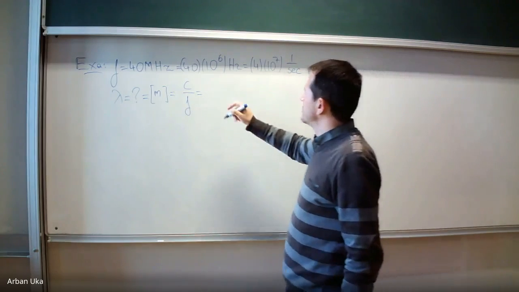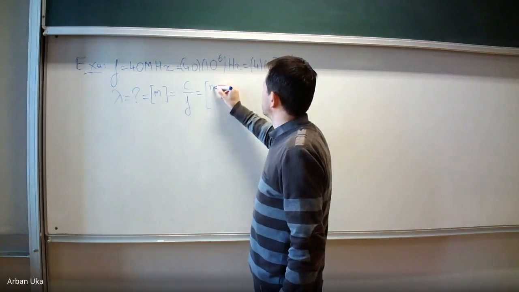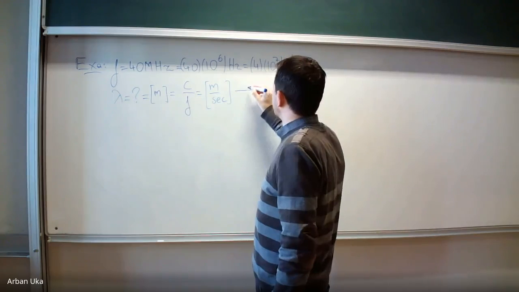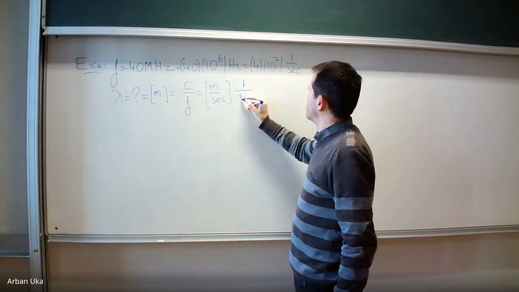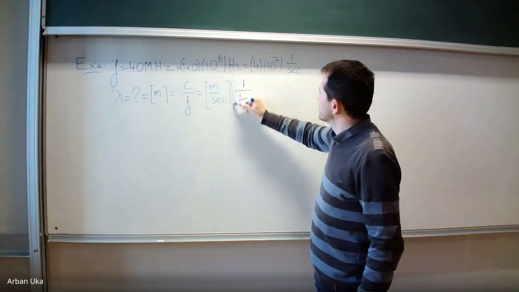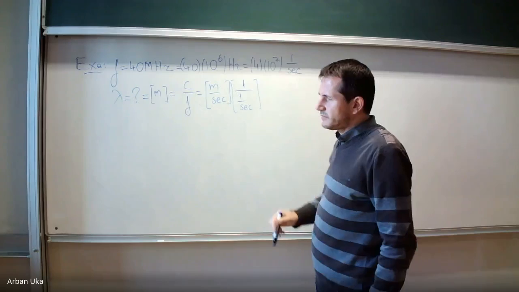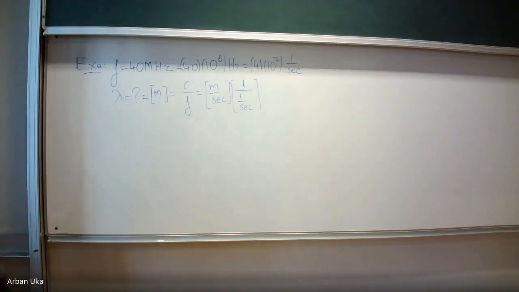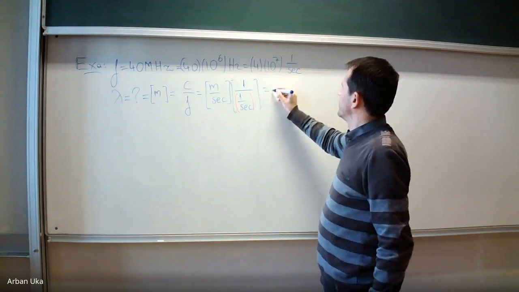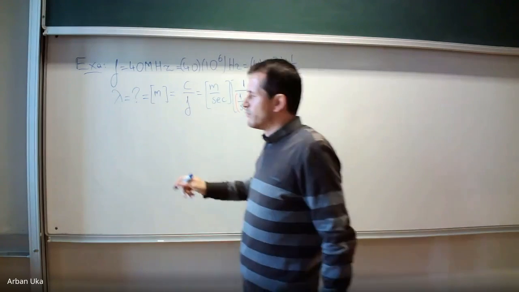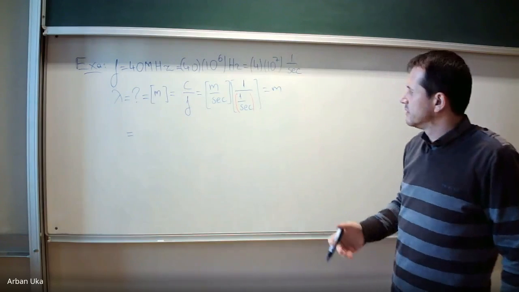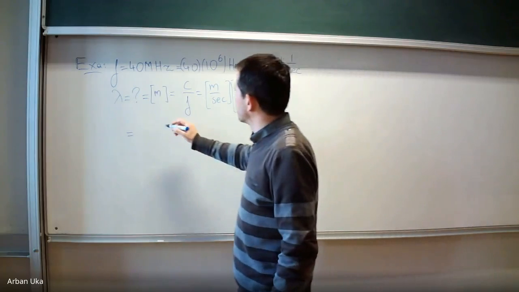The speed of light has a unit of meters per second, and 1 over frequency is 1 over second, so the unit will be meters.